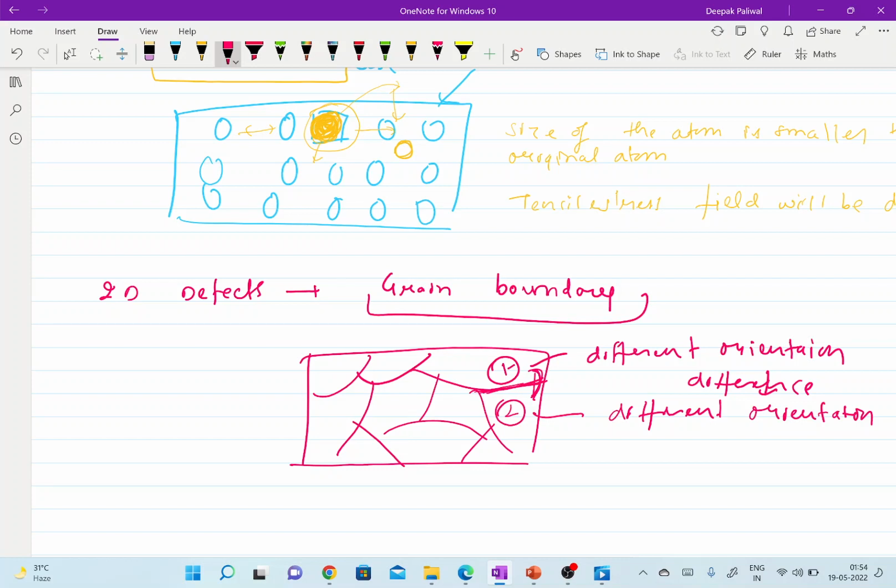So these are defects, because the periodicity is not maintained in this region.